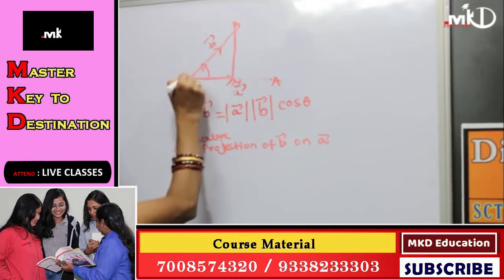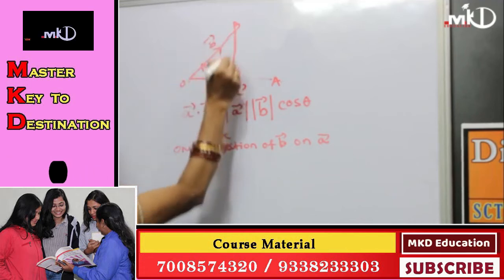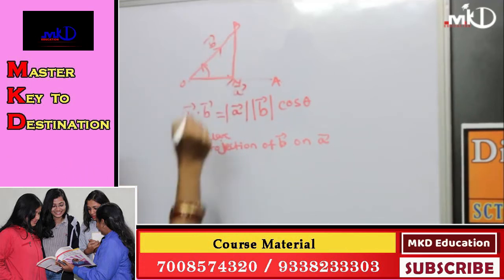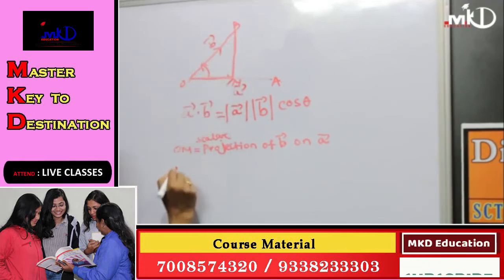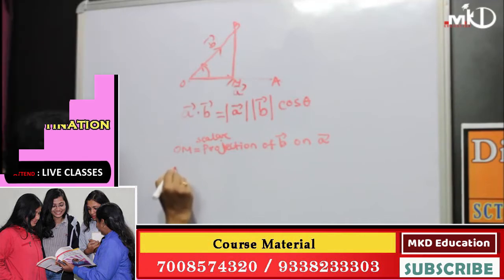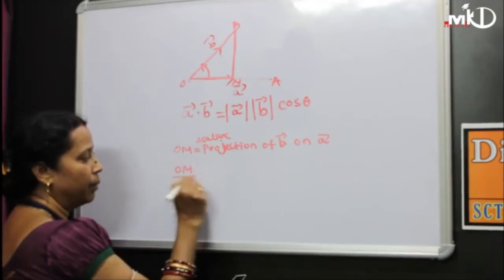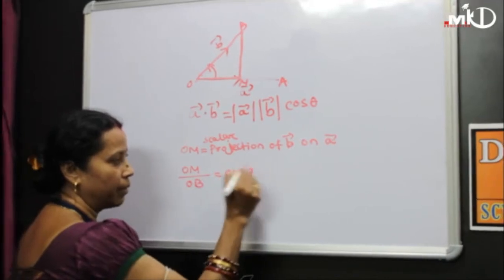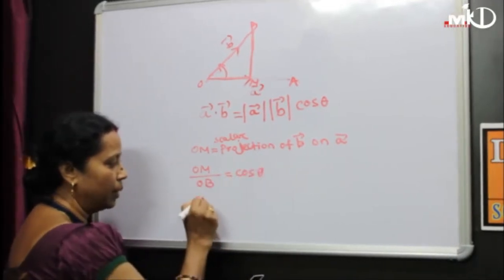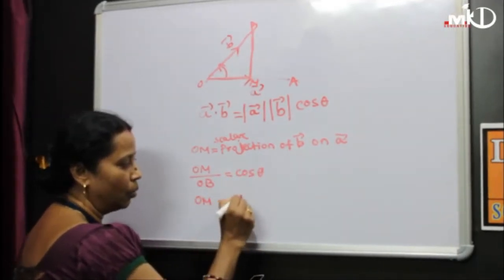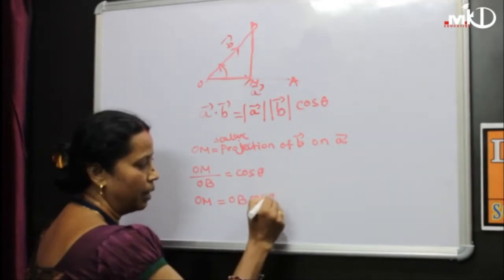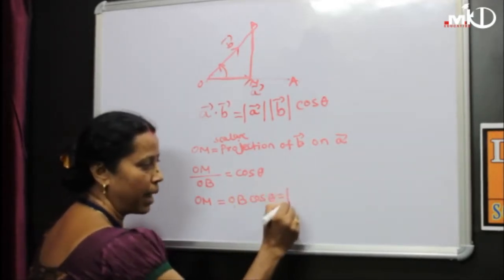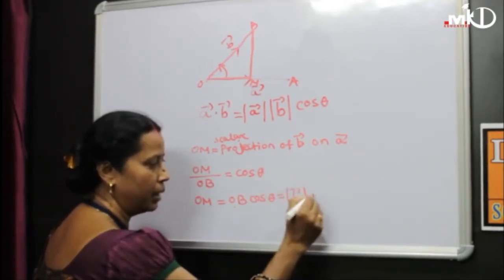Now you see, OMB is a right angle triangle, and from this right angle triangle we find OM by OB is equal to cos theta. So OM is equal to OB cos theta, and OB is the magnitude of the vector B bar.